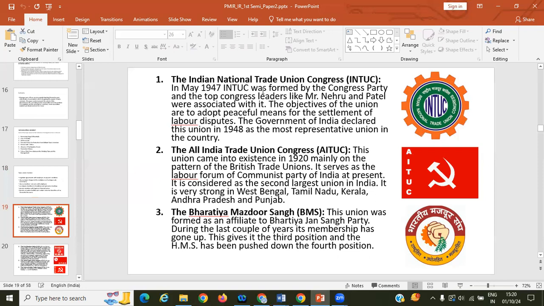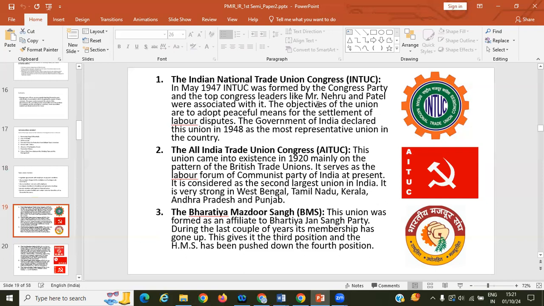When it started and who started it is written, so you can read it. In May 1947, INTUC was formed by the Congress Party. The top Congress leaders like Nehru, who was the first prime minister, since 1947 means independence.